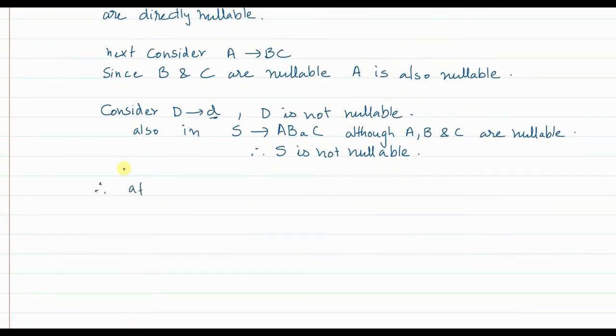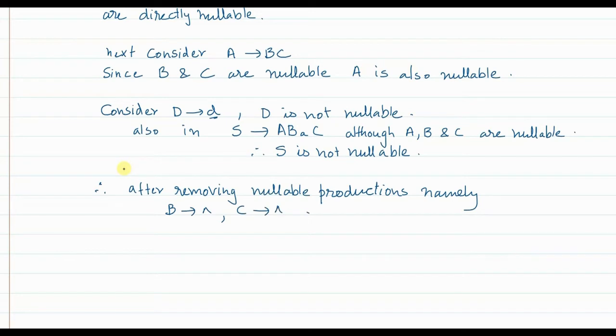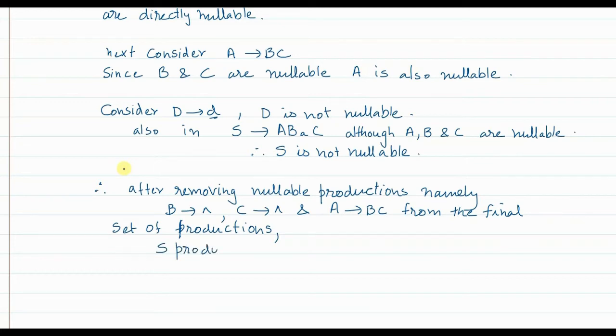Therefore, after removing nullable productions, namely B gives null, C gives null and A gives BC, from the final set of productions, the S production can be rewritten as follows.